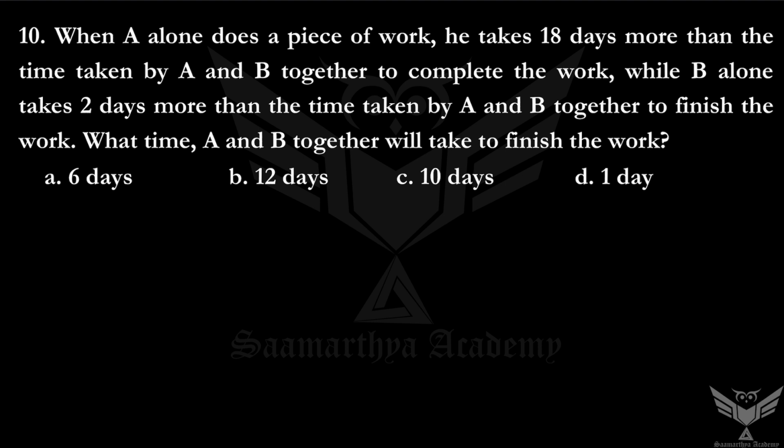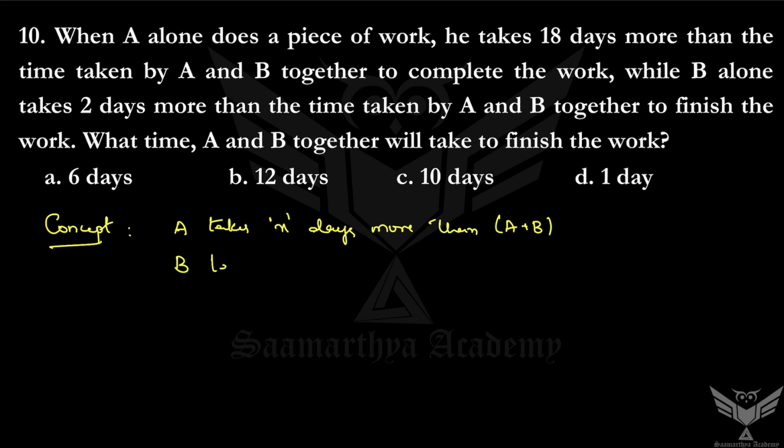Now here one concept of time and work they're using. The concept is like this. A takes X days more than A and B, and B takes Y days more than A and B together.